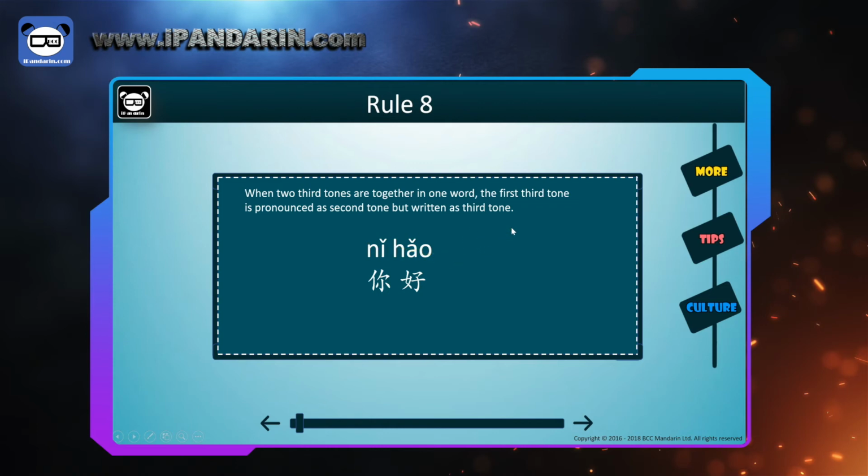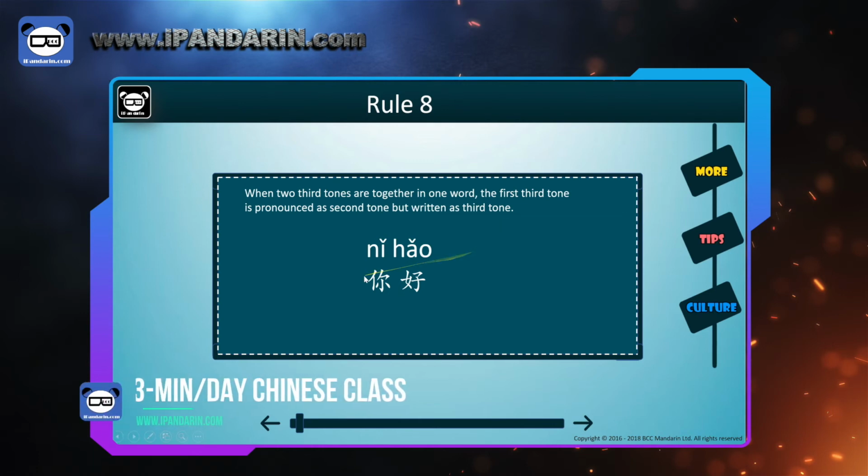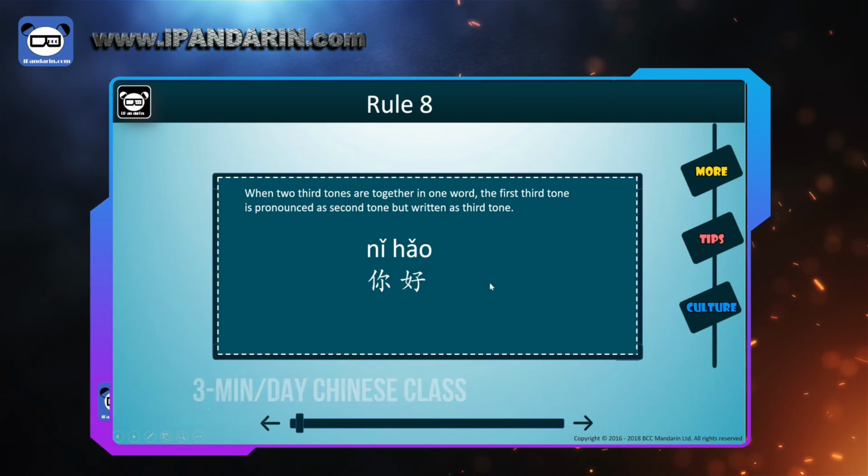But when it's in one word, 你好, which means hello, we pronounce the first third tone as second tone, so it's 你好 instead of 你好, but it's still written as 2 third tones.